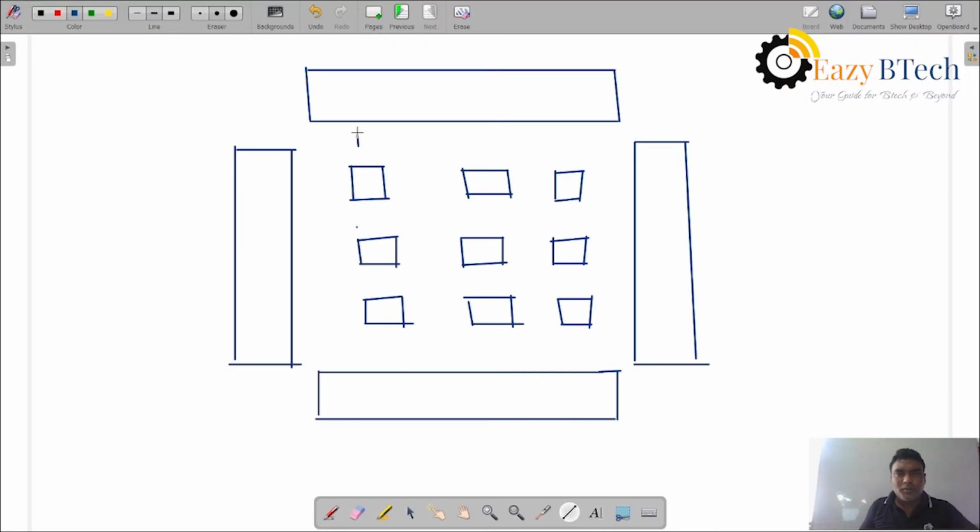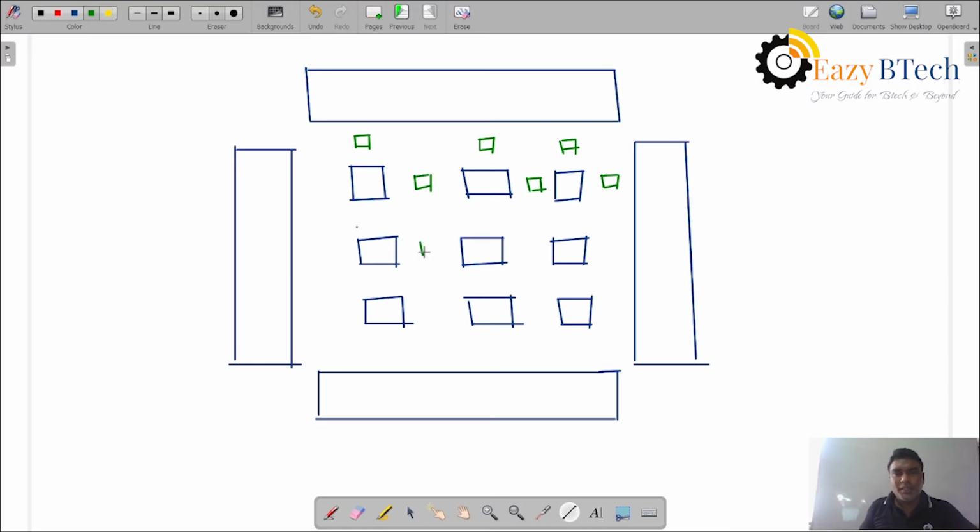Okay, so we are using programmable interconnections. These are the programmable interconnections in between the logic blocks.